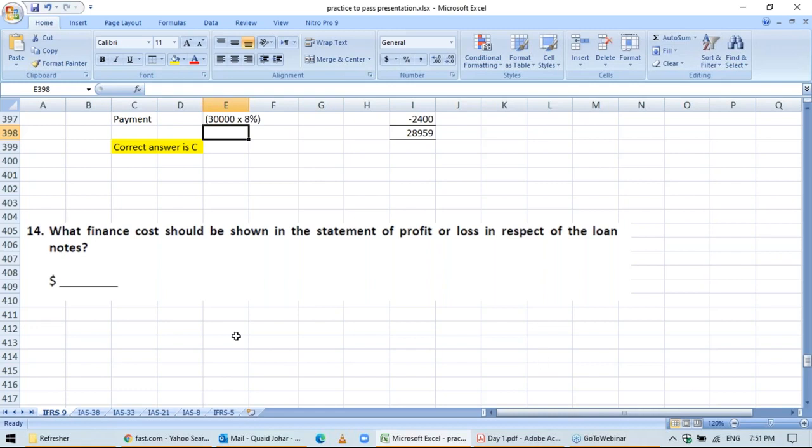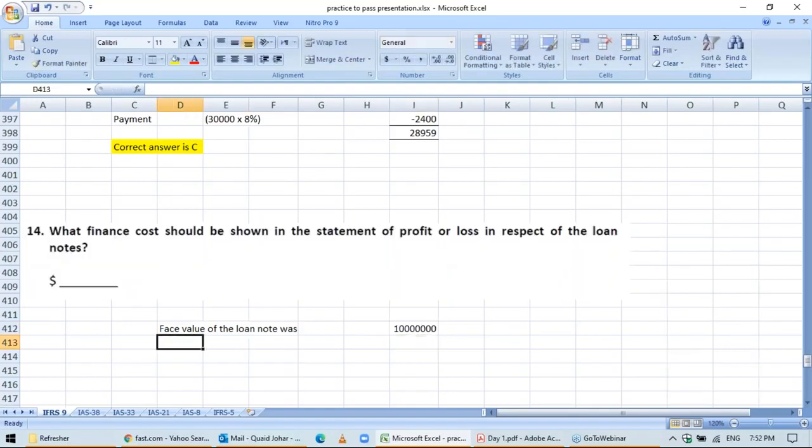So what happens in this case is that first we have to see what was the cash received. The face value of the loan note was $10 million.